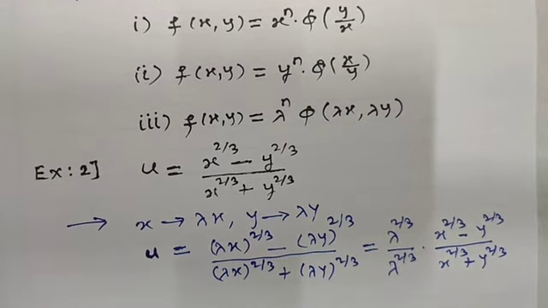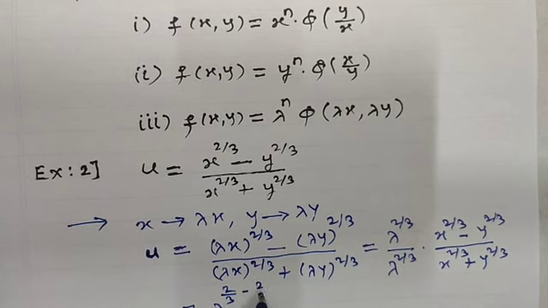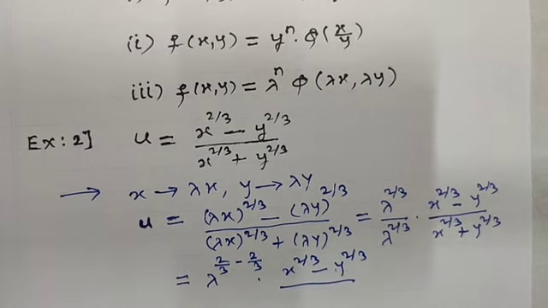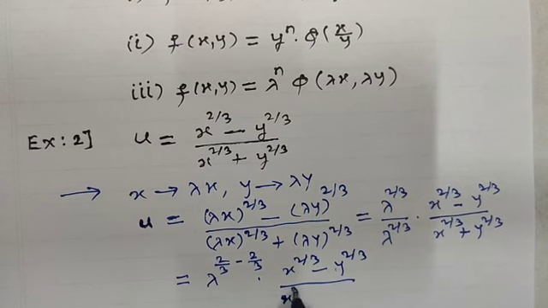And then this we can express like this: lambda to the power 2 upon 3 minus 2 upon 3 into x to the power 2 upon 3 minus y to the power 2 upon 3 divided by x to the power 2 upon 3 plus y to the power 2 upon 3.